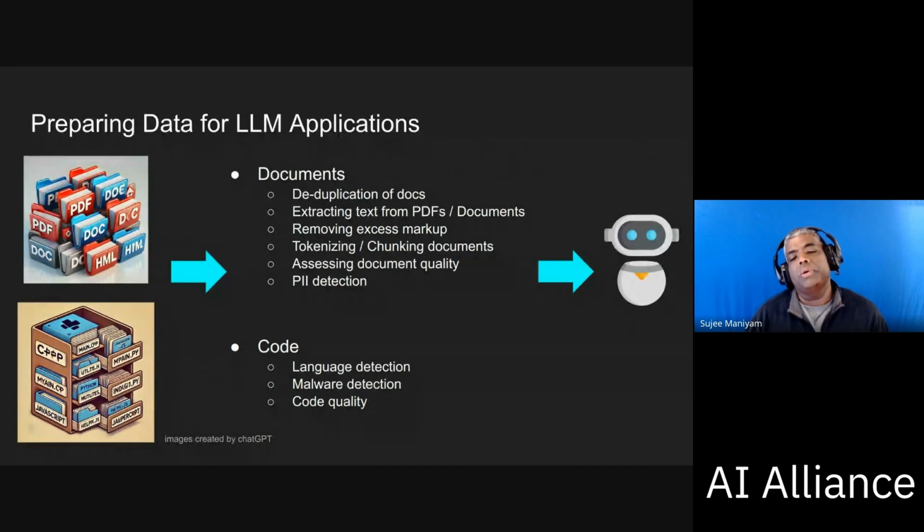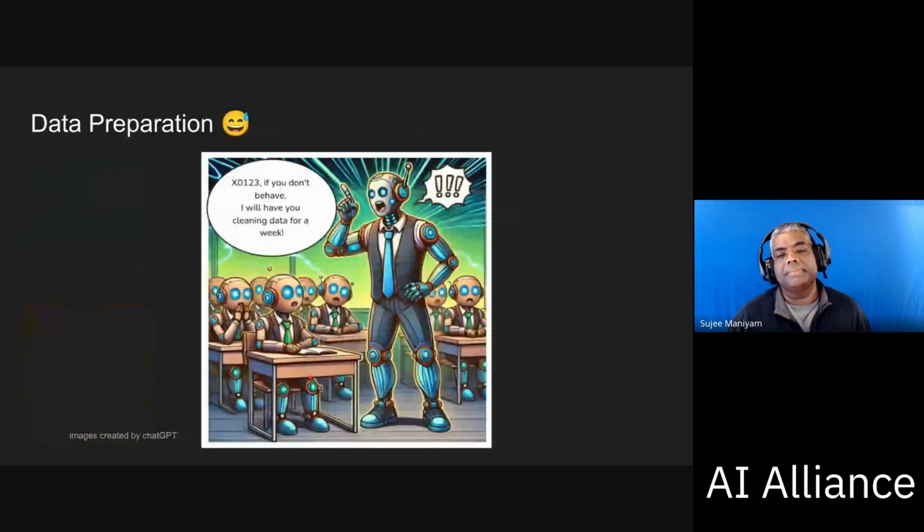In our next talk, next week, we will talk about how to remove personal information from documents. And if you're dealing with code, let's say I'm training on some open source code, what if the code has some malware or virus? We want to detect and remove that. These are things you want to do if you're training your model.